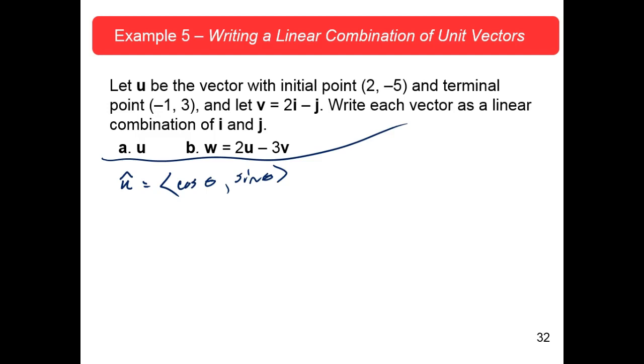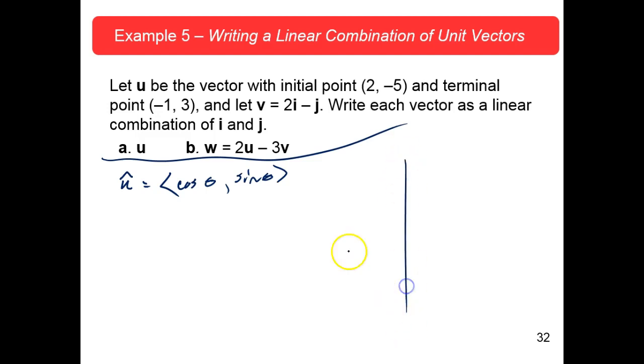If u is a unit vector, theta is the angle measured counterclockwise from the positive x-axis to that vector u, wherever that happens to be, whichever way it happens to be pointing, then the terminal point of u lies on the unit circle. Why? Because that vector u, you rotated about the origin, it has radius 1, you've just described a unit circle. Okay?